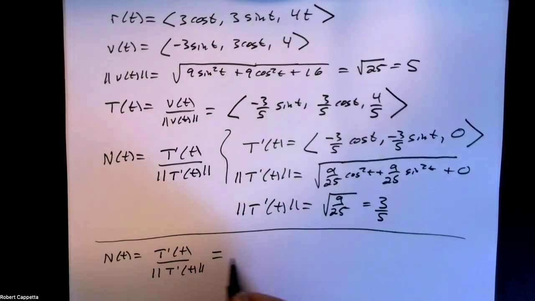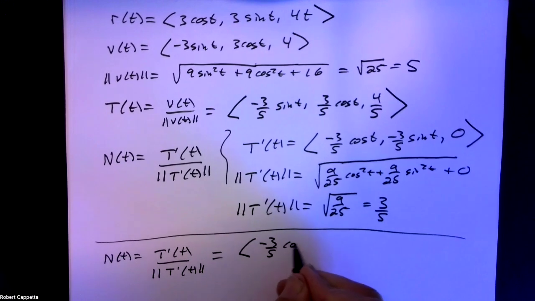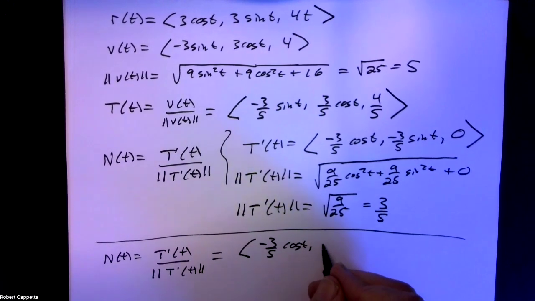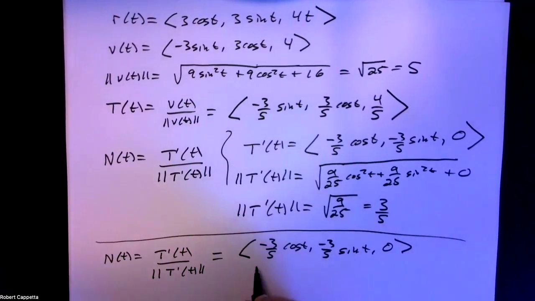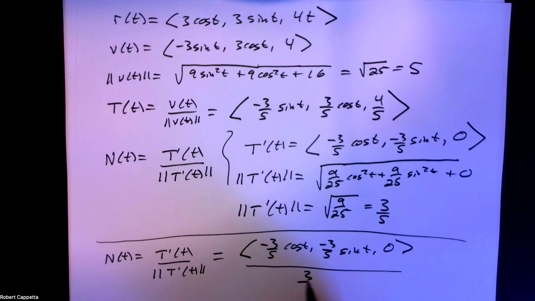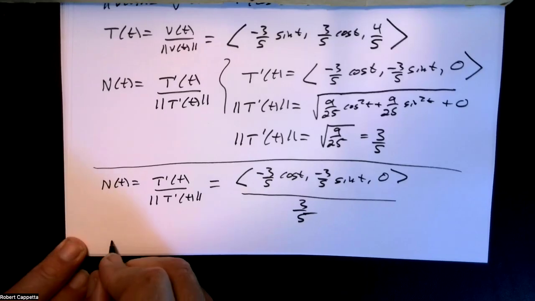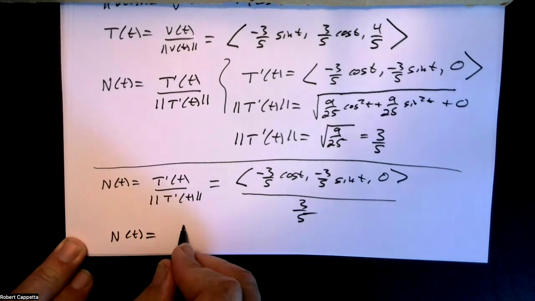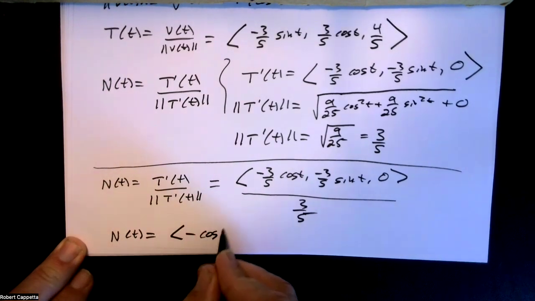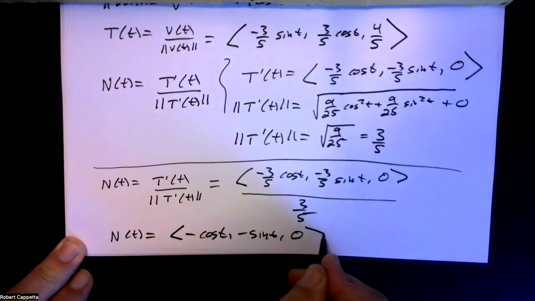So we take our T prime of t, which is -3/5 cos t, -3/5 sine t, 0, all divided by 3/5. So then what does that give me for N of t? So N of t is simply negative cos t, negative sine t, 0.